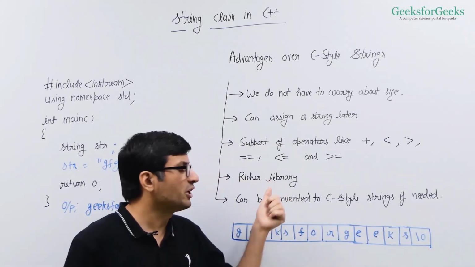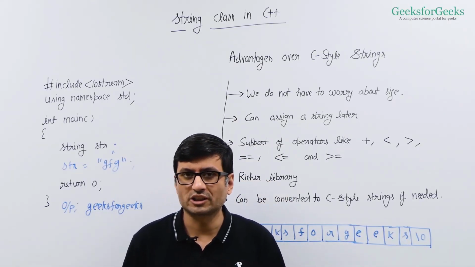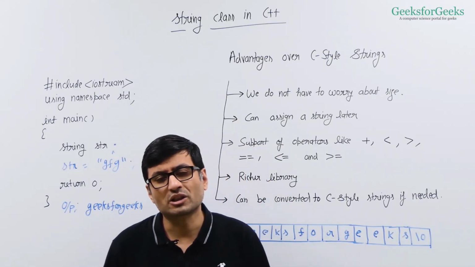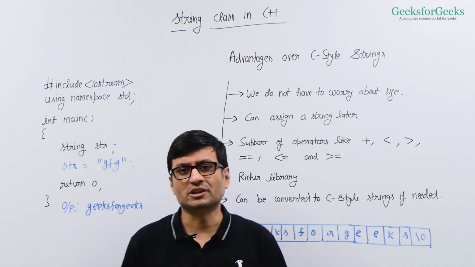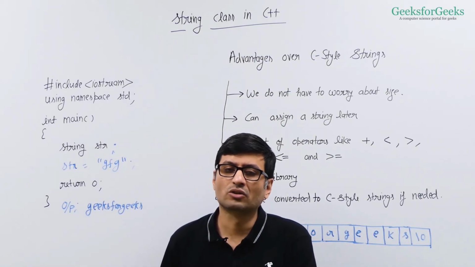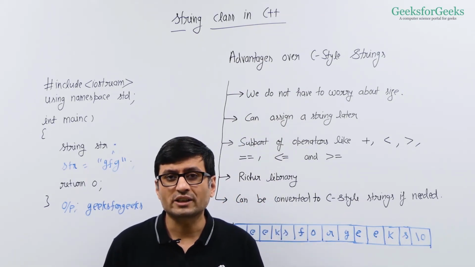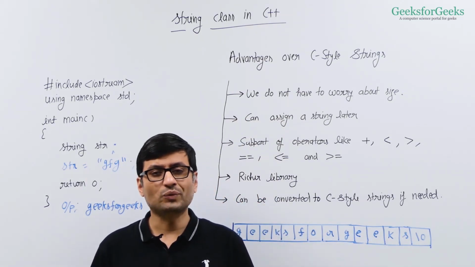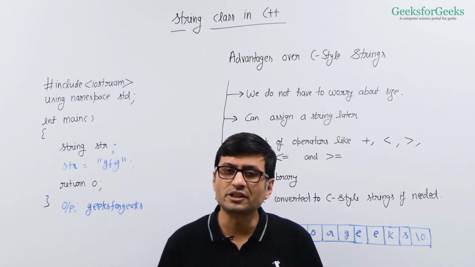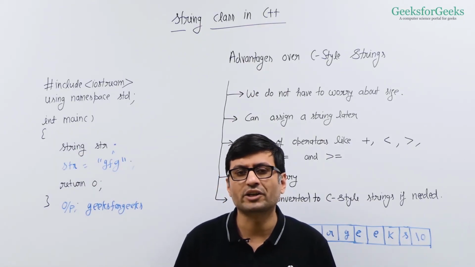There is richer library of C++ style strings. So string class in C++ has many functions which are not even there in the normal C style strings. Not only this, string class has functions begin and end which return iterators, and these iterators are random access iterators.